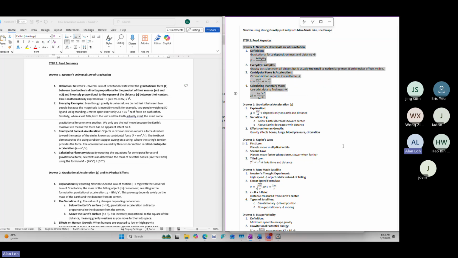By now, your understanding level, as I said, you should have the intention to improve from 2 to 3, and you will indeed improve from 2 to 3 after reading this part. By now, you should have more understanding about Newton's law of gravitation, centripetal forces, and also a little bit of calculation of the planetary mass.